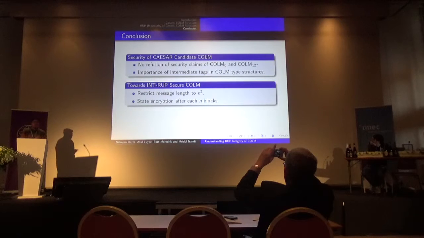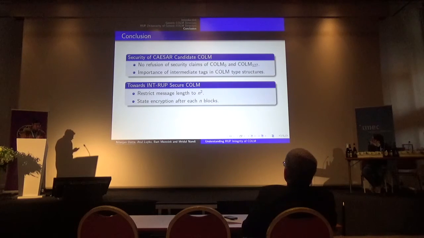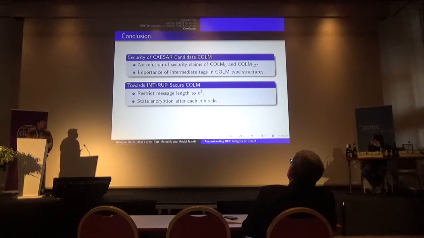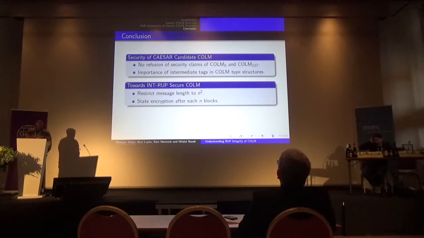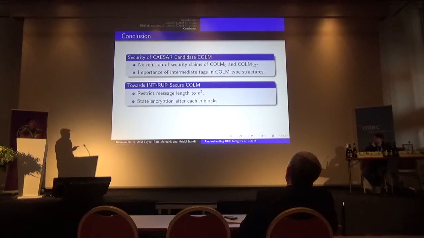Basically we have shown RUP insecurity of the COLM type structure for any general COLM structure using any ABCD. However, this result does not refute any security claims of COLM 0 and COLM 127 that were made in the third round of the CAESAR competition, because they haven't claimed anything about inter-RUP security, but here we are providing the insecurity of inter-RUP security.